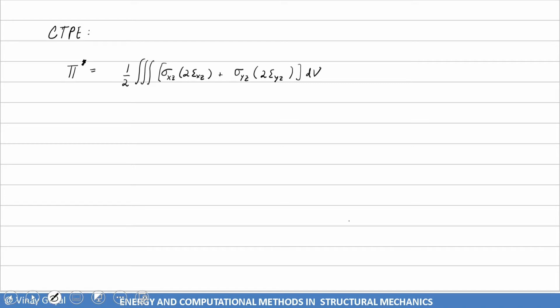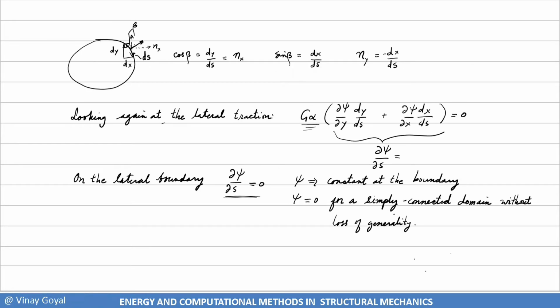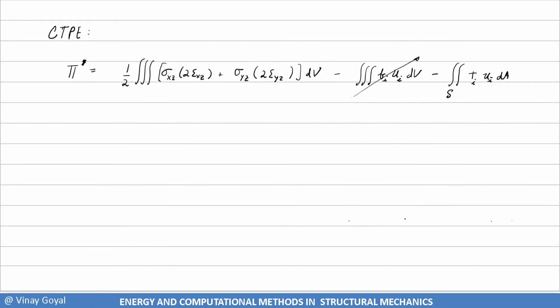I have the d volume. And then I don't have any body forces, do I? No body forces. And then I have traction forces. But the only traction force I really have is the one that causes that moment here.